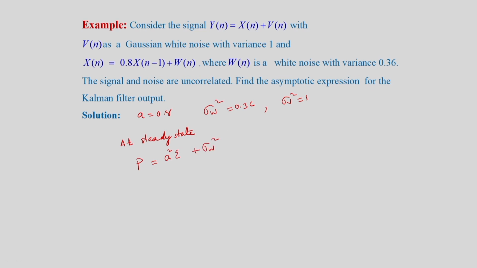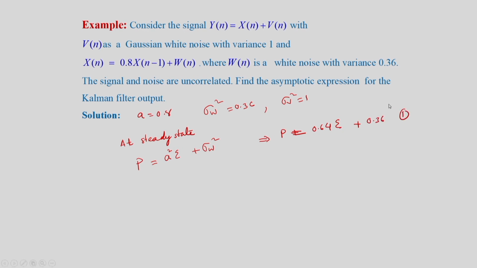That is the first equation we got. Therefore, P is equal to 0.64 into epsilon plus 0.36, since a is 0.8 and sigma w square is 0.36. That is equation 1.